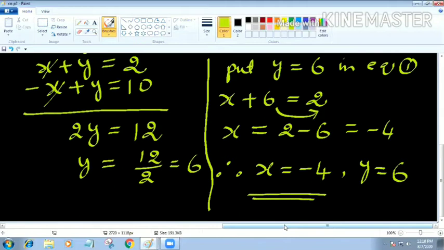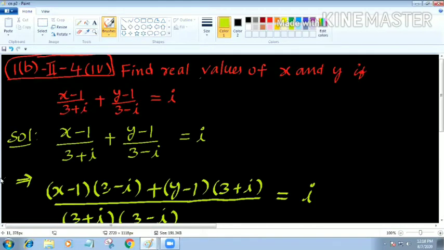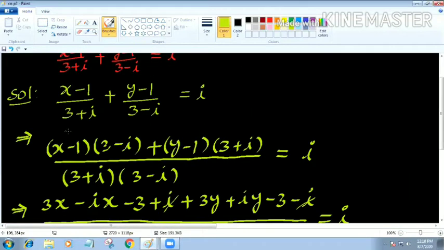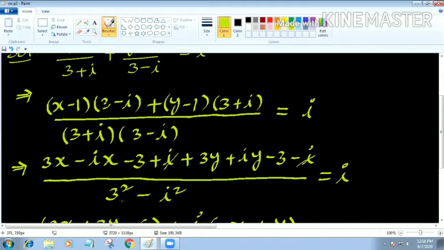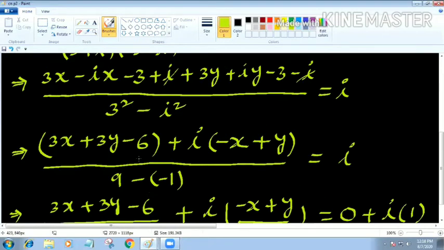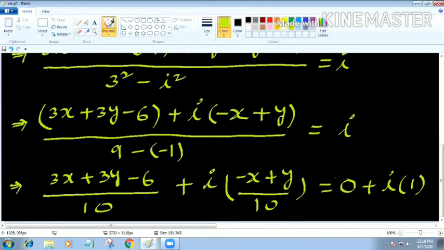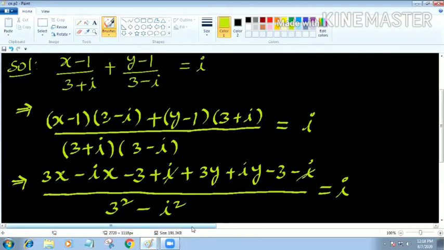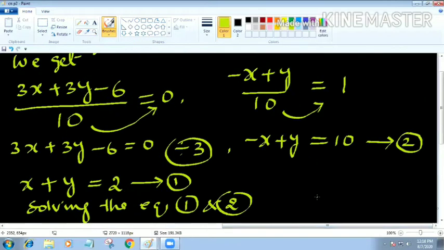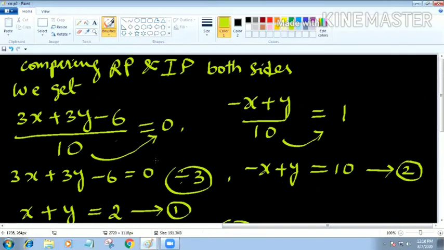Now you can look at the problem, what we did: taking LCM on the left side and multiplying the numerator and separating real and imaginary parts, and the right side taking it in standard form and comparing the real and imaginary parts both sides.